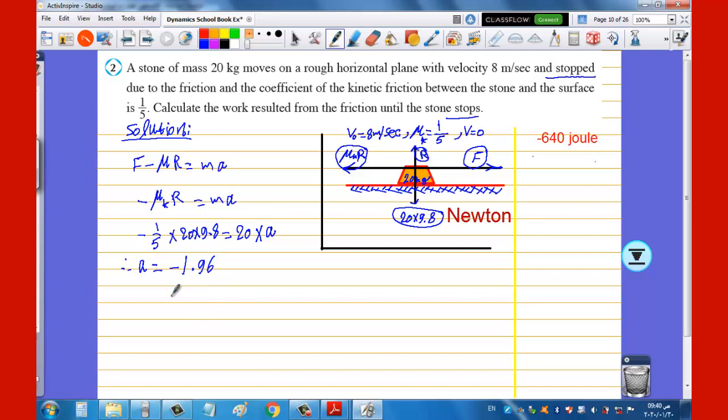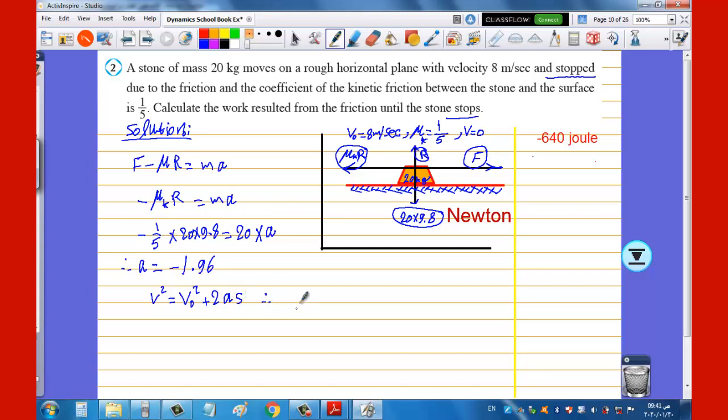We calculate the acceleration to find the distance, the displacement. Now we have the rule v square equals v naught square plus 2as.